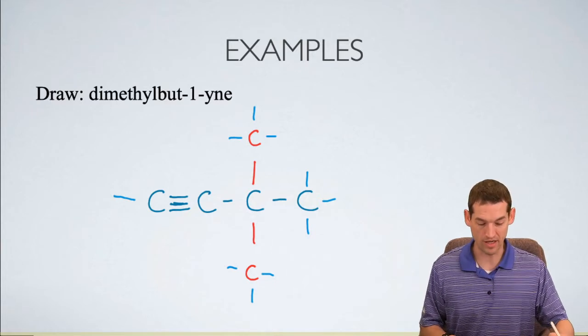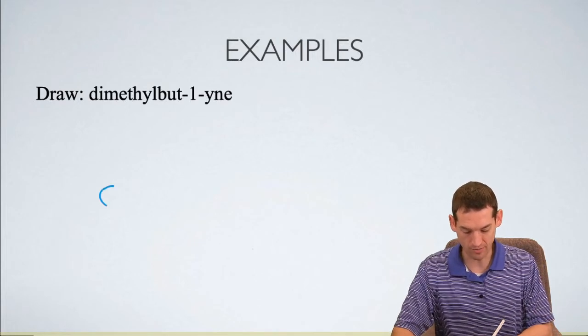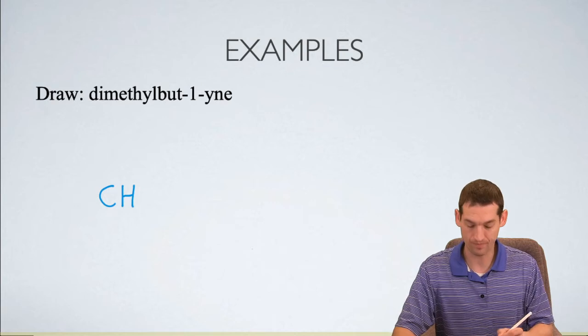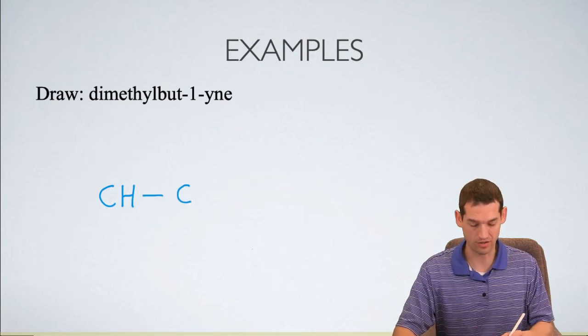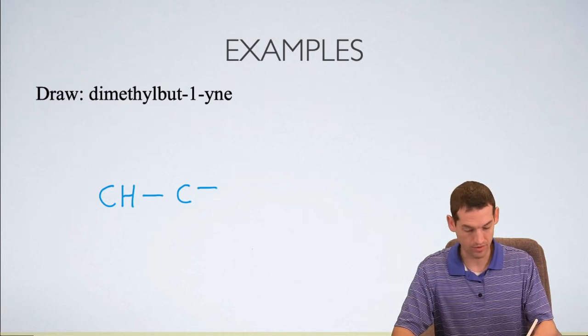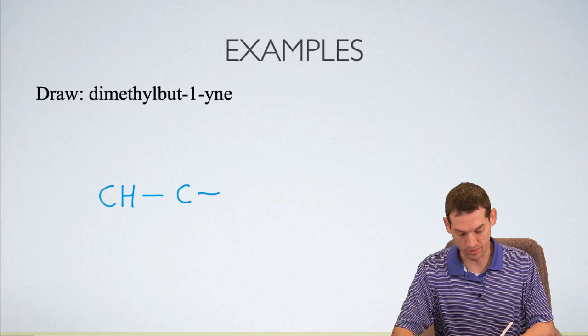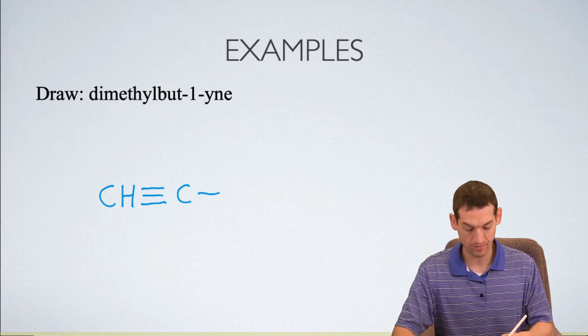If I wanted to draw that same thing in condensed, that first carbon has 1 H. That next carbon has no H's because it was already full. Oops, put that one in the wrong spot. Because it was already full from the 3 bonds with the first carbon and the 1 bond to the next one.